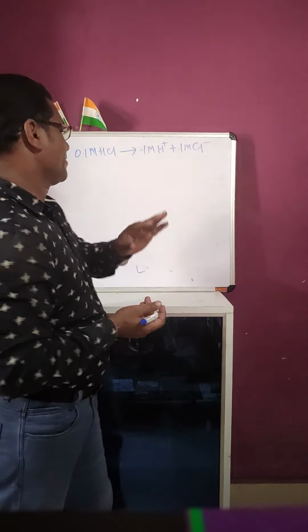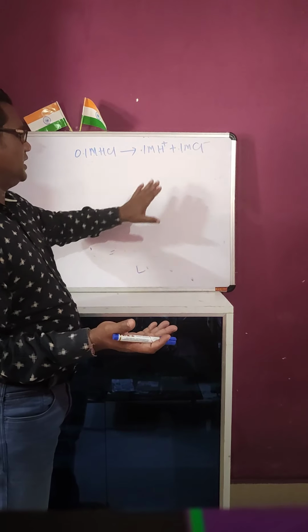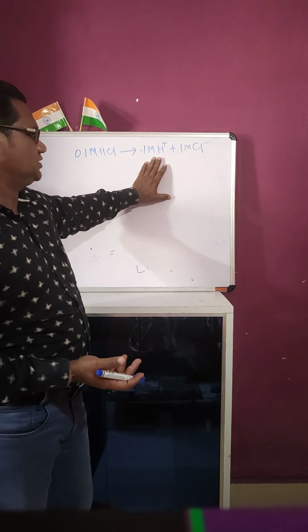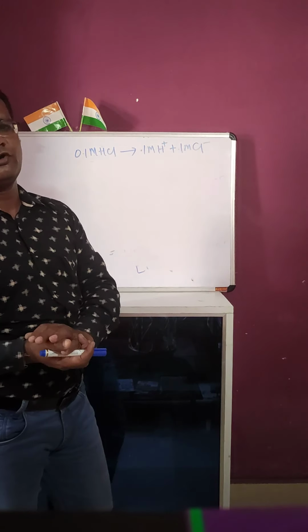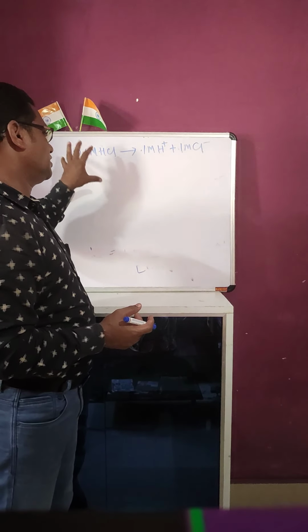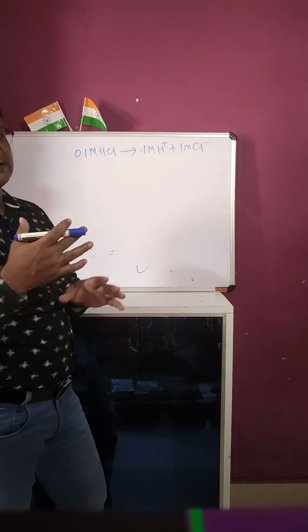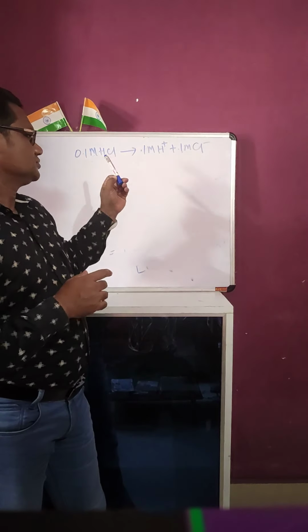Since the molar concentration of the acid and its ions are the same, I can say that it has ionized completely. Such acids which ionize completely and produce more number of H plus ions are called strong acids.